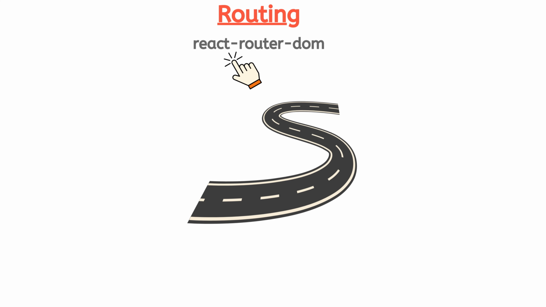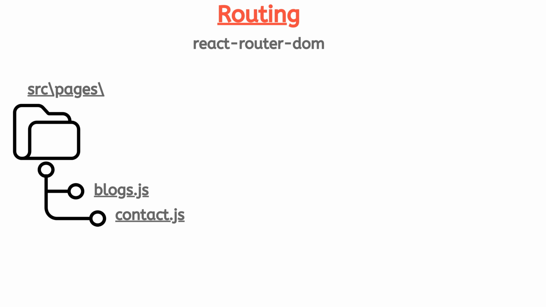We need to add this library to the package.json file by running npm install --save react-router-dom, so that it will save that library to our package.json file. After that, there is a specific folder structure that React follows to route.